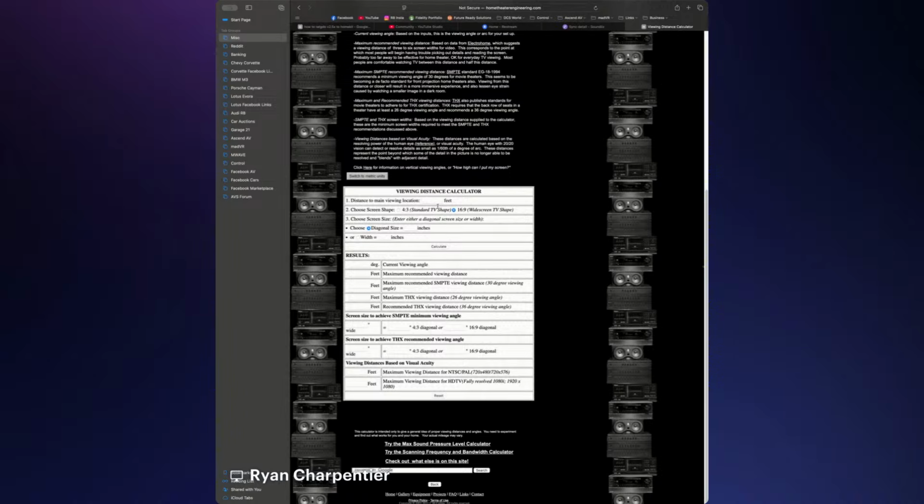So 16 by 9, my viewing distance is 9 feet, and my diagonal is 165 inches. And I have a current viewing angle of 67.3 degrees. Almost 70 degrees is my viewing angle on my screen.